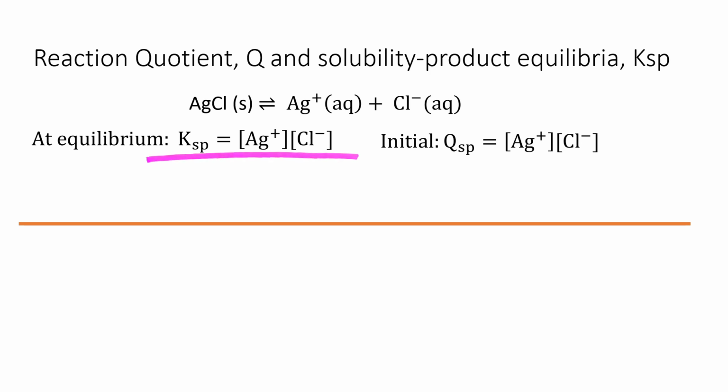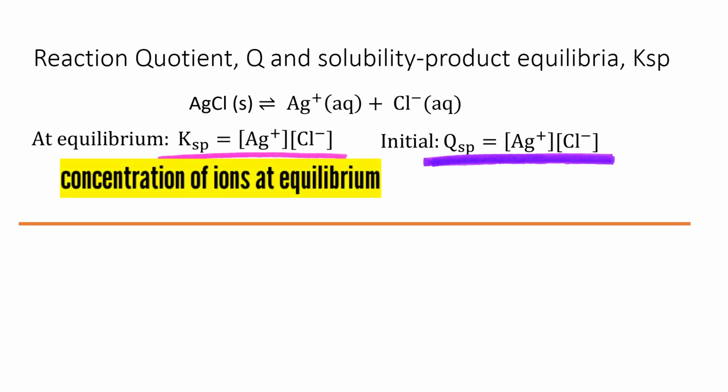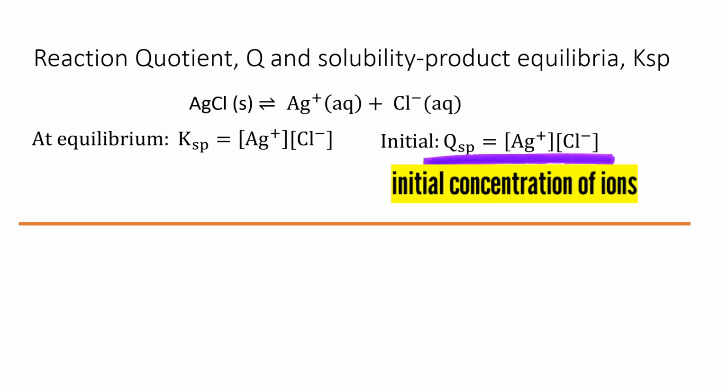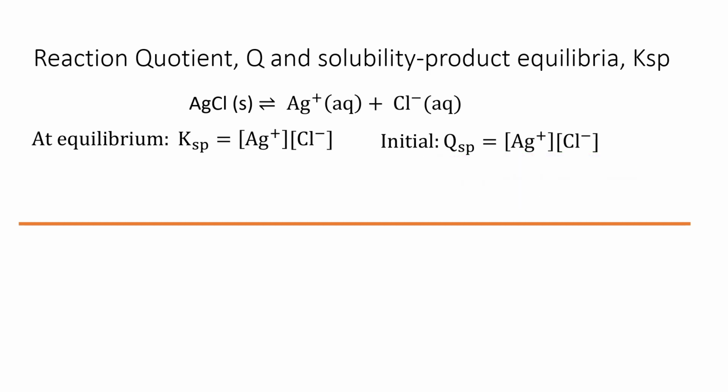The difference is, for the solubility product expression, the concentrations of silver ion and chloride ion refer to the concentrations at equilibrium, while for the reaction quotient, the concentrations are those initially, before the system reaches equilibrium.